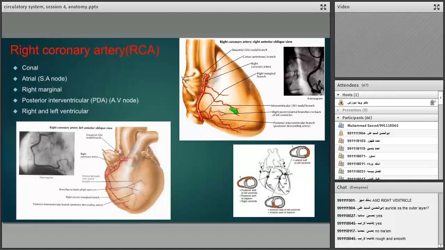This artery is also called the posterior descending artery or PDA. The posterior interventricular branch is also called the posterior descending artery or PDA.